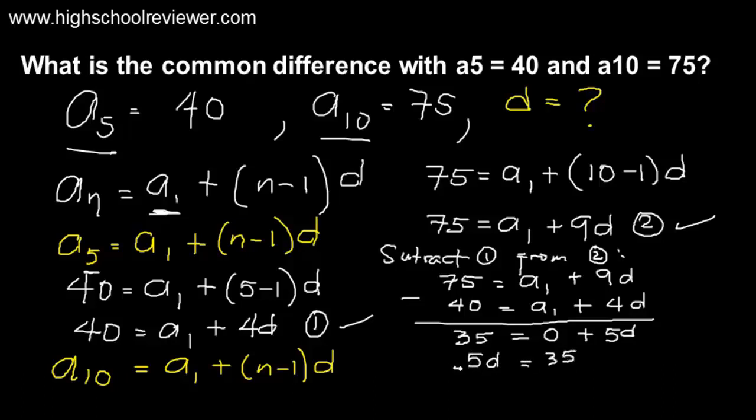To find d, we need to divide both sides of the equation by 5. So 5 divided by 5, we can cancel this out, this is equal to 1. So d now will be equal to 35 divided by 5. This is positive 7. So our final answer is d is equal to positive 7.